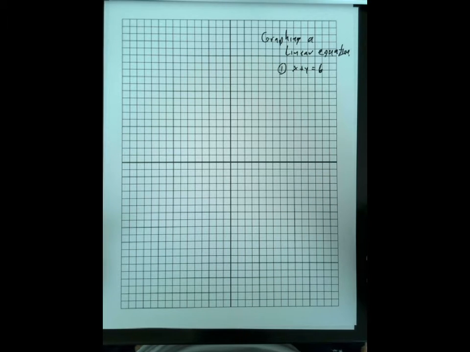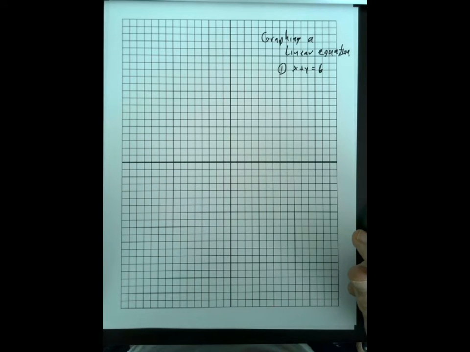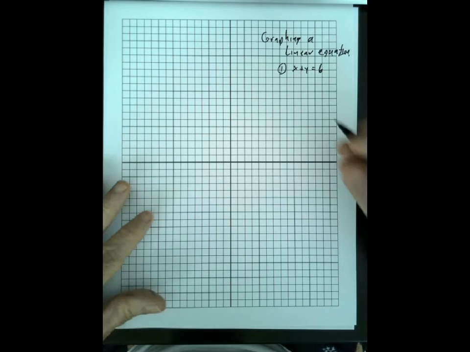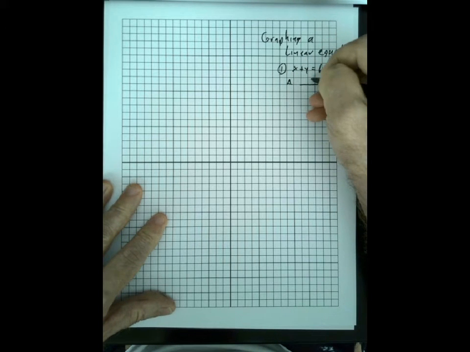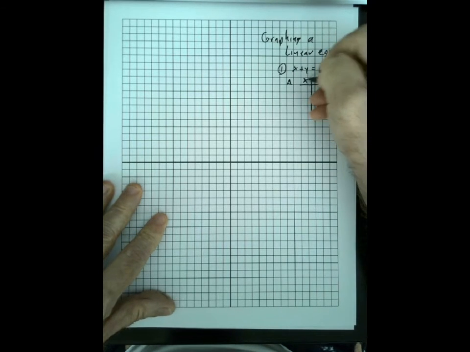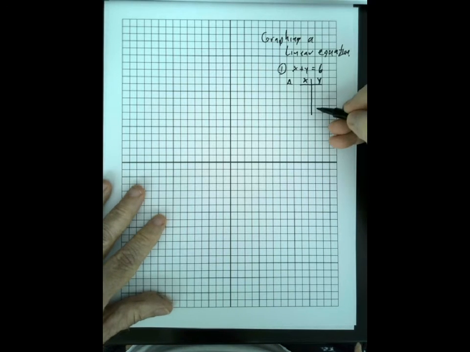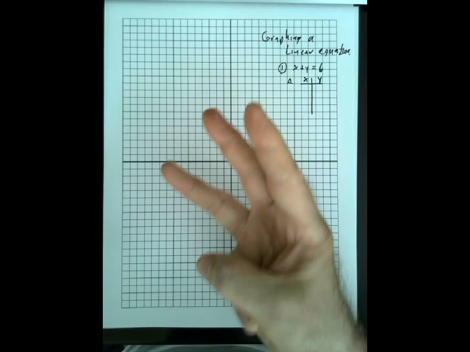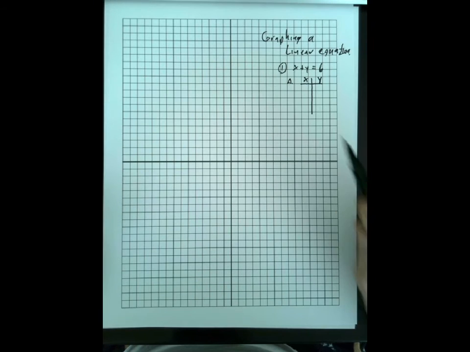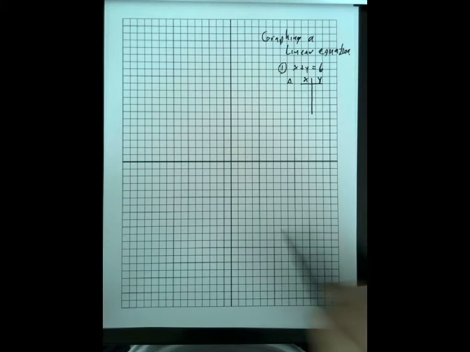Graphing a linear equation for us is going to have 2 steps, basically. Number 1, or step A, you're going to make a t-table, and you're going to write down at least 3 ordered pairs, pairs of numbers that make that equation true in either order.